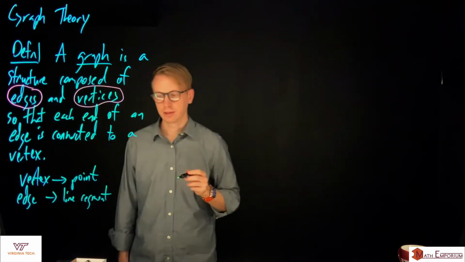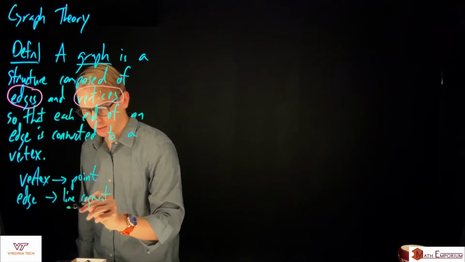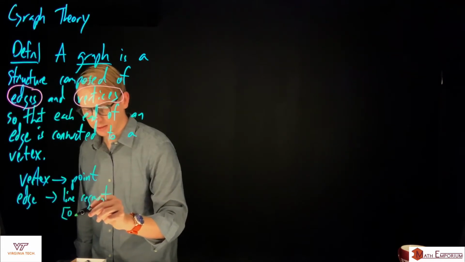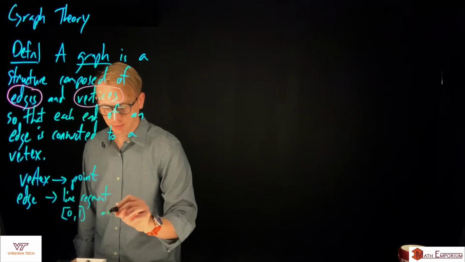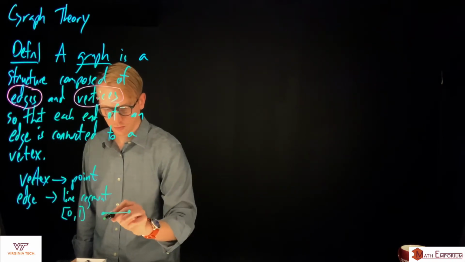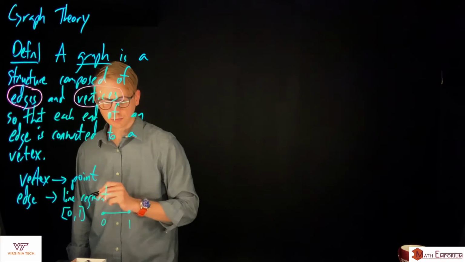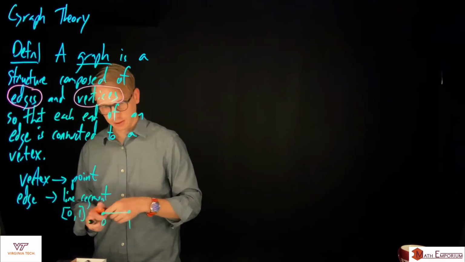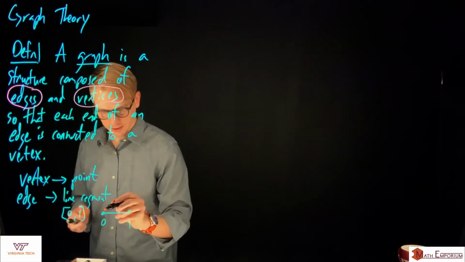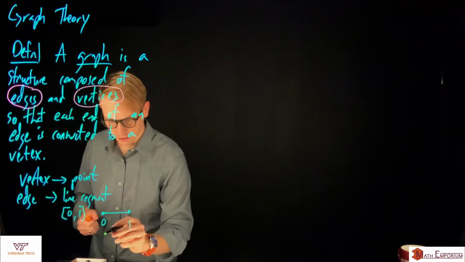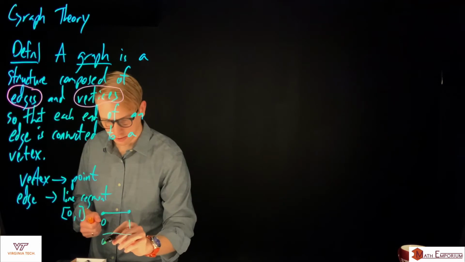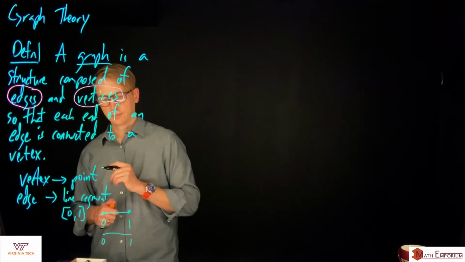Okay, if you want a mathematical structure that describes a line segment, it's fairly common to take, say, the closed interval 0 to 1. So like take a piece of a number line, 0 and 1, and I've drawn this in such a way that I have emphasized that 0 and 1 are vertices. Okay, so I could have drawn it this way, as just a pure edge with no attachment to vertices, like that.